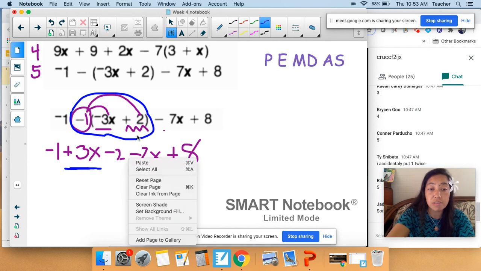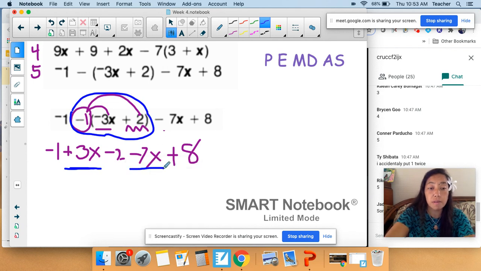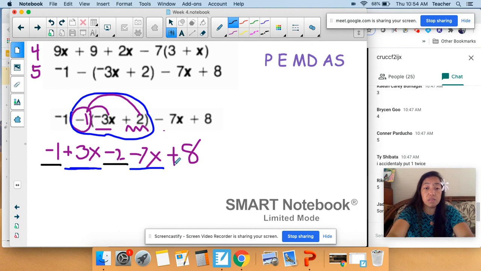We have a minus 7x, and those are the only x terms we have. Then if we use black, negative 1 is a constant, negative 2 is a constant, and plus 8 is a constant. So now we have underlined every term in our expression. Now we can start combining our like terms.